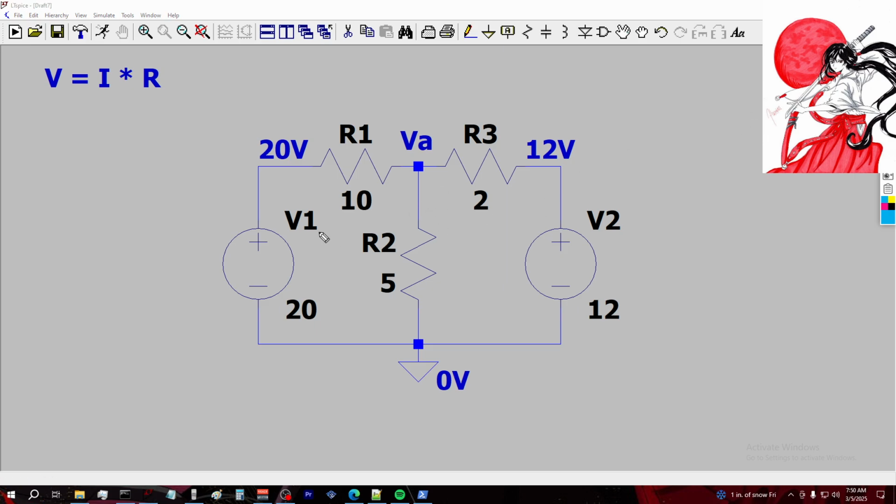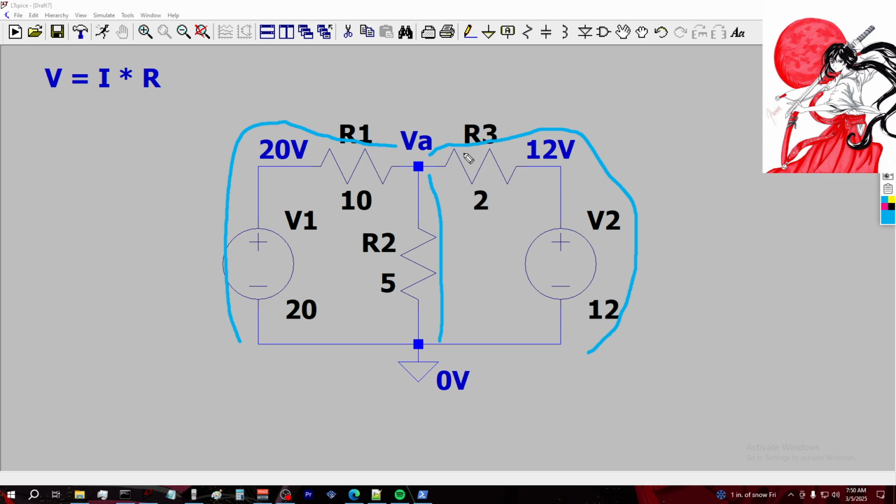Now what we're going to do is envision that all the current in this whole circuit is going towards that node. That's what we're going to pretend is going on. Obviously, that doesn't follow Kirchhoff's current law, and that's not happening in reality. But we're using it as a theory just so we can find VA in the circuit.